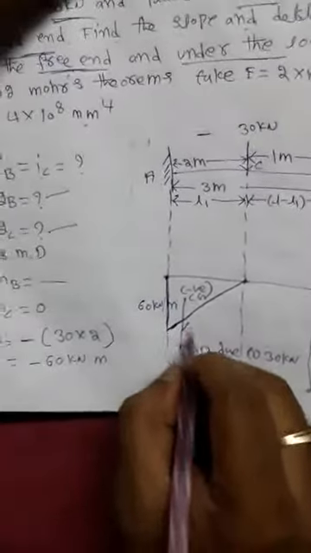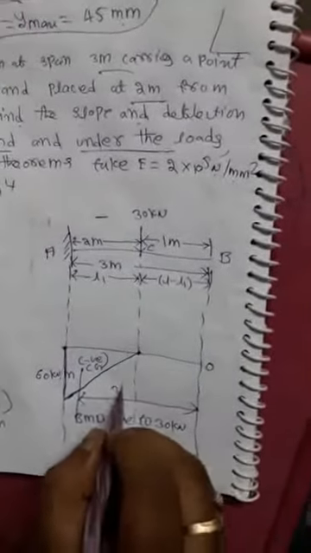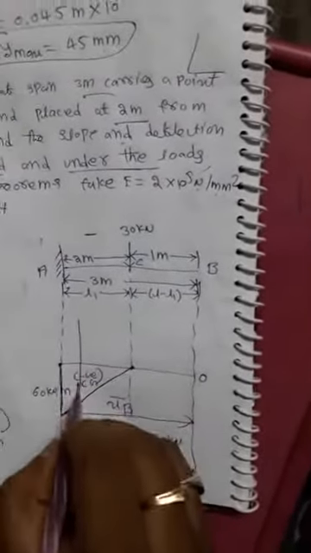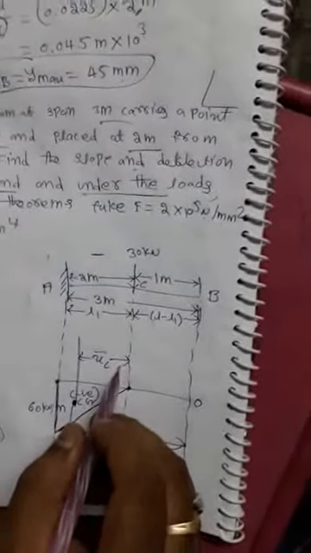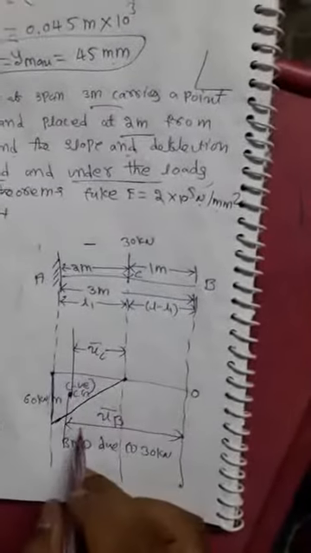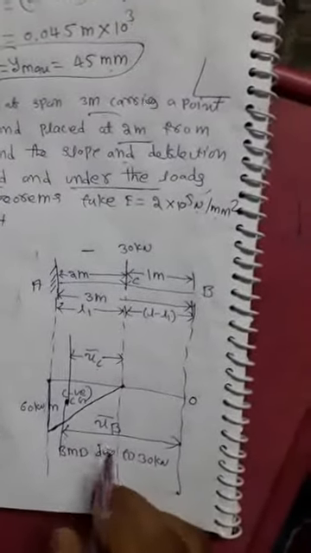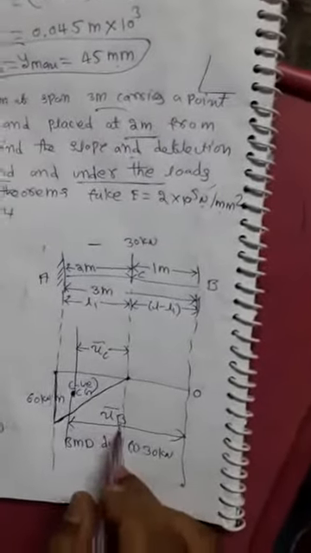From B, the distance is x bar B. And from C, the distance of the center of gravity of the BMD is x bar C. So the distance of the center of gravity of the BMD to free end B is x bar B. Now x bar B equal to.